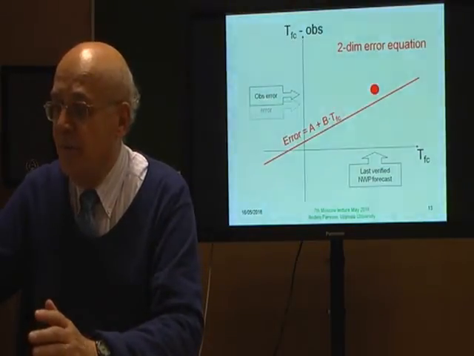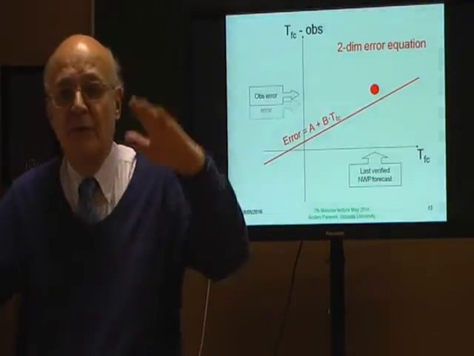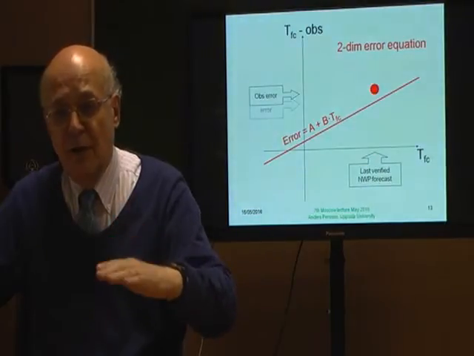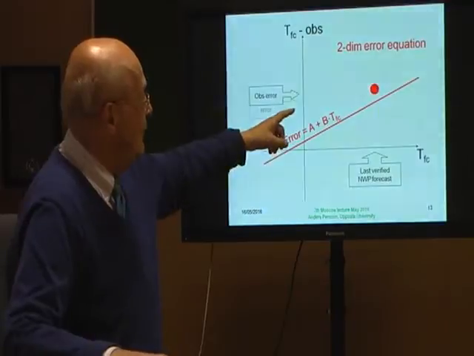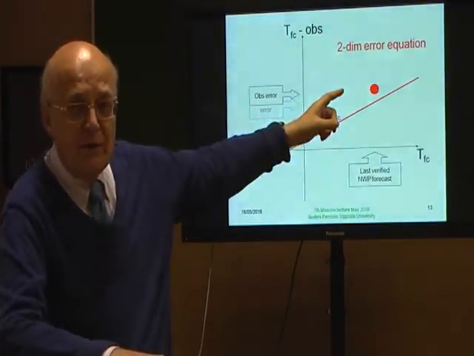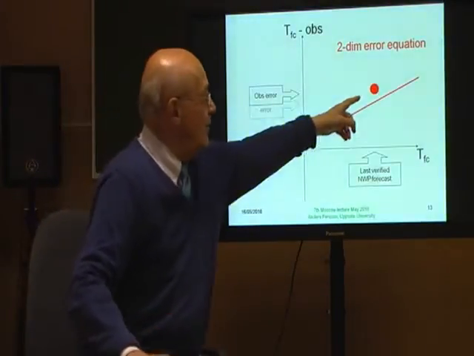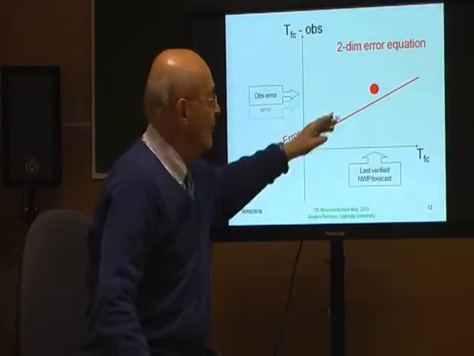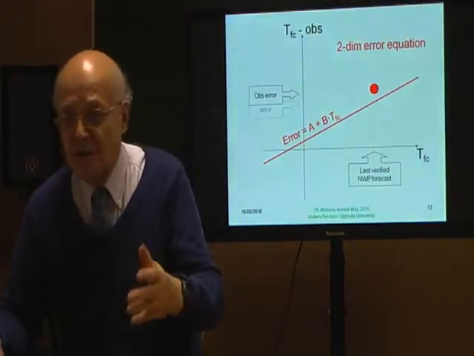The Kalman filter modifies A and B. A is lifting or sinking the line, and B is slightly rotating the line. And depending on if this red value is close to the y-axis or far away from the y-axis, one of these will dominate. If it is close here, it will be mainly a translation. If it's far away, it will be mainly a rotation, changing B.